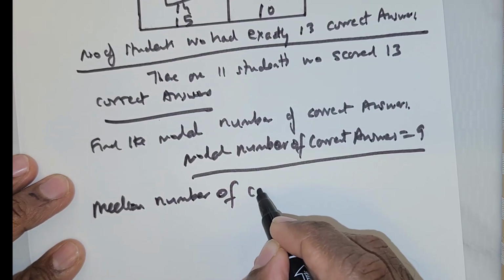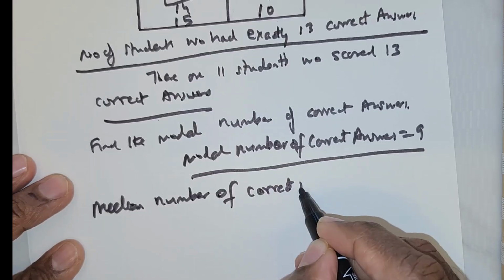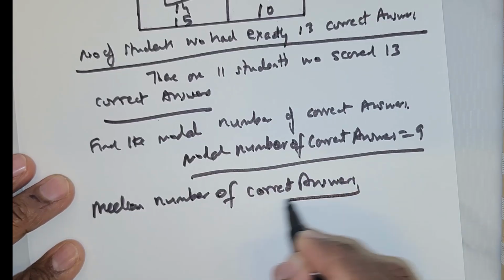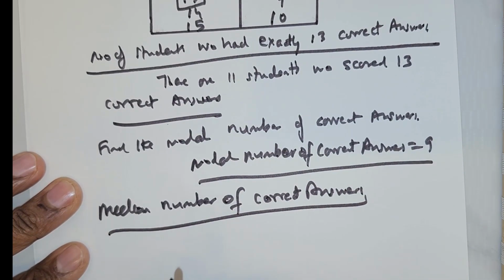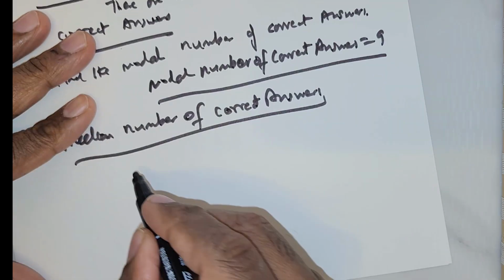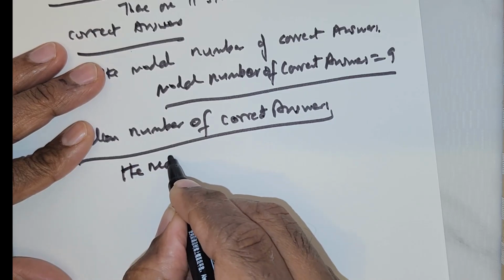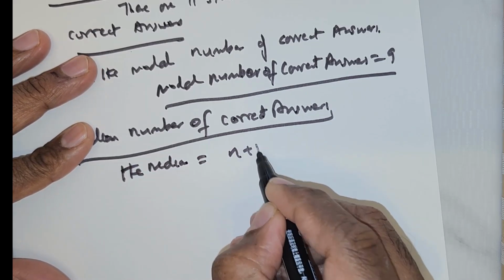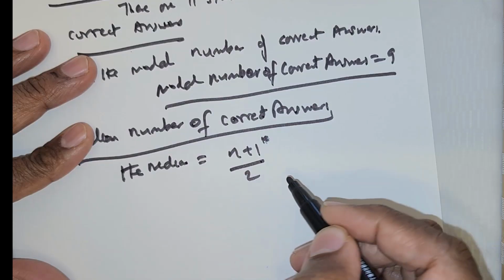Next, they are asking us to find the median number of correct answers, right? So see, there are even number of entries. So the median is nothing but (n plus 1) divided by 2th entry.